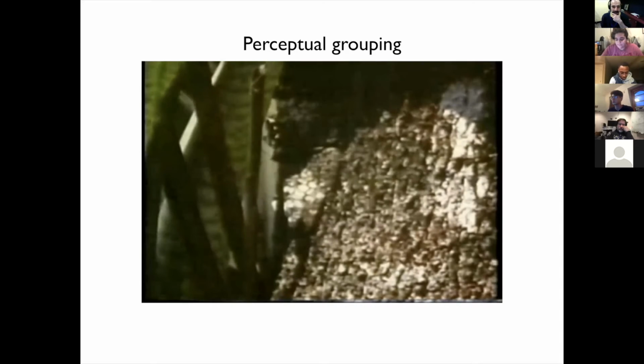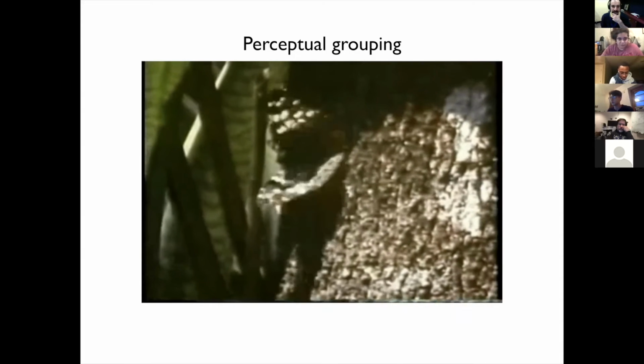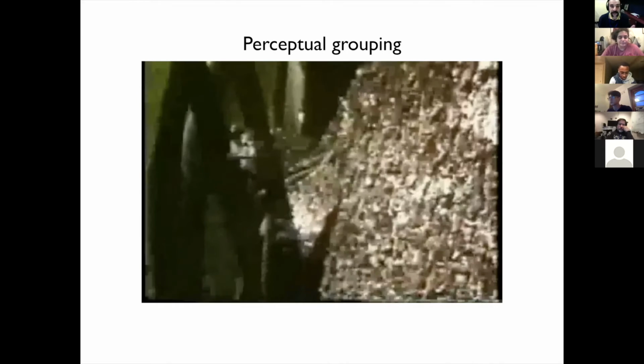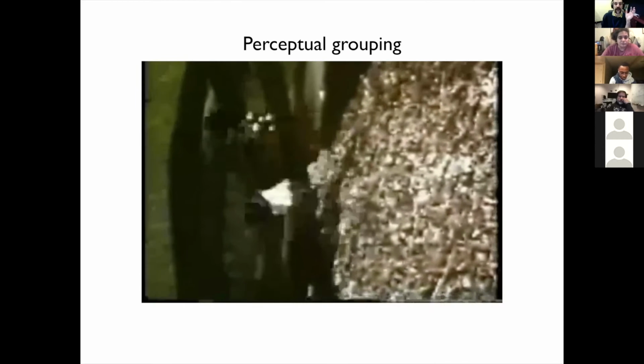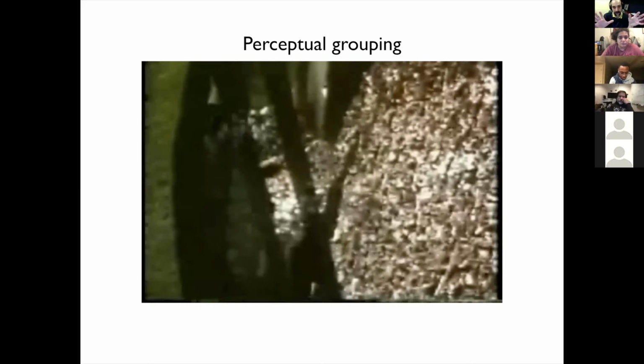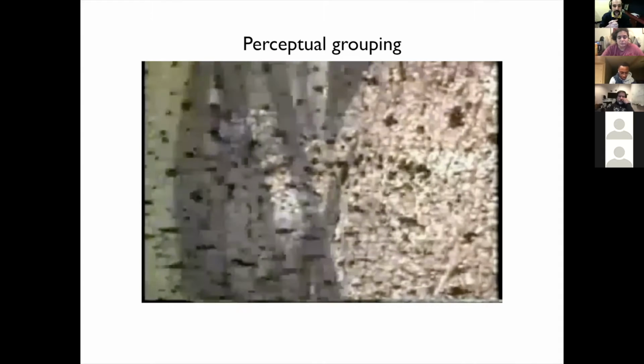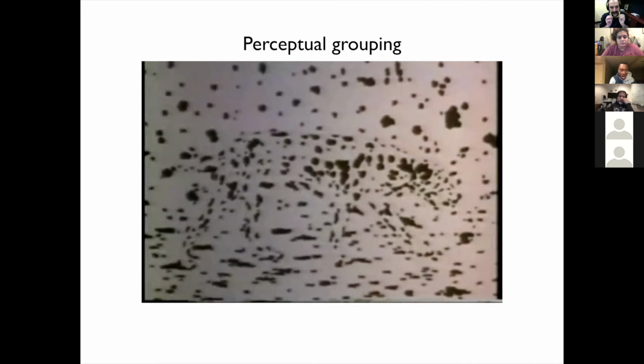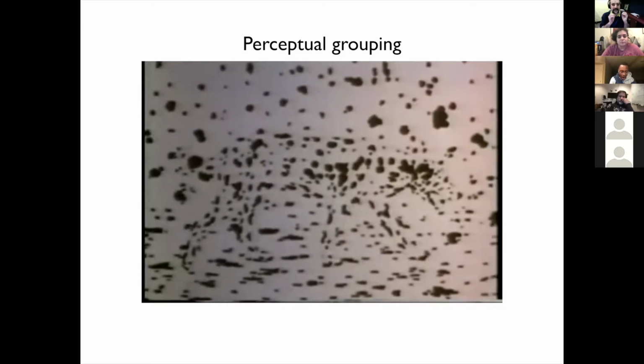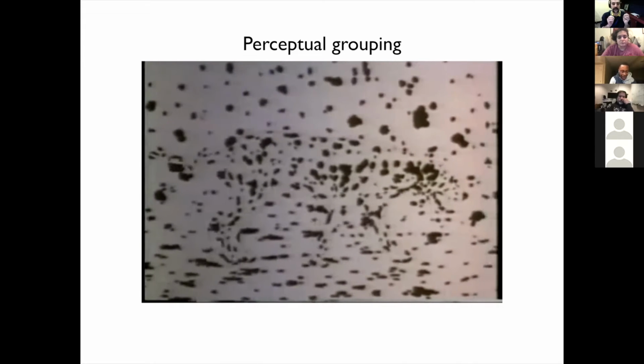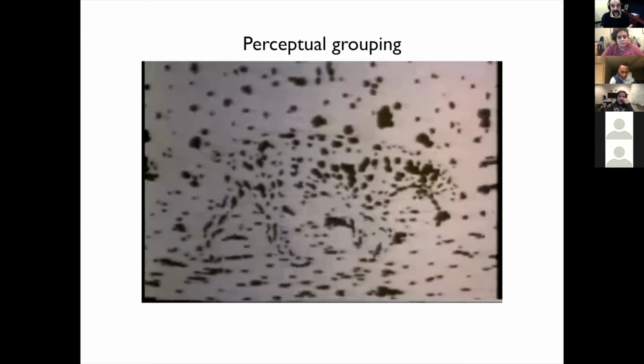For example, perceptual grouping is something that is highly dependent on motion. How you define an object in the world, of course, you can define an object with its color, with its edge, with lots of things like that. But perhaps the most prominent clue to an object is common motion. At least objects that matter.